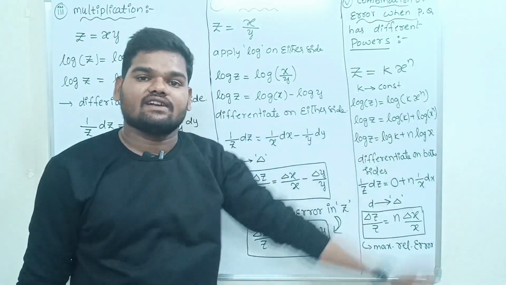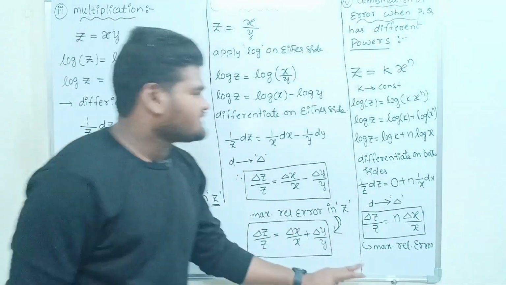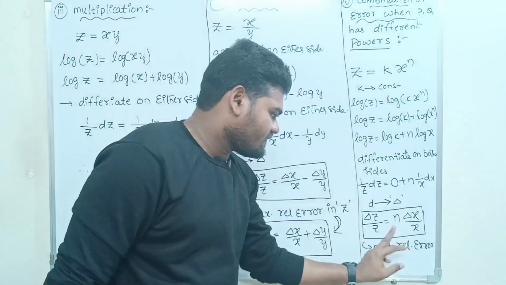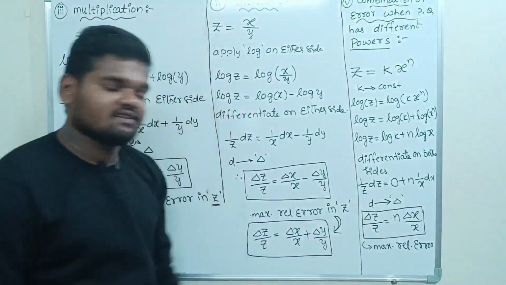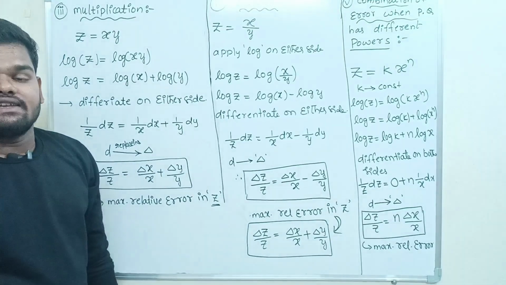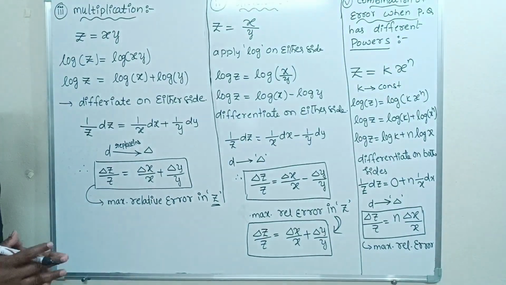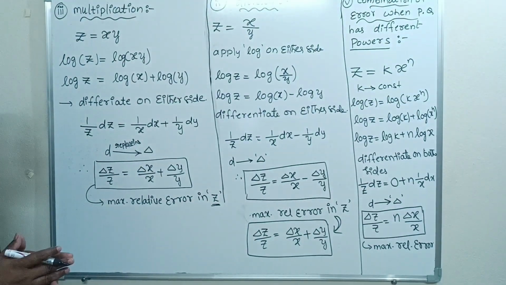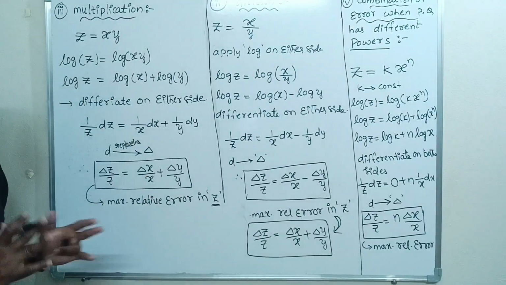Are you getting? Just put the power in front and write delta x by x. That's it. Is it clear? So pause the video and write the notes. Let's solve some example problems, then you will get a clear idea about this concept.